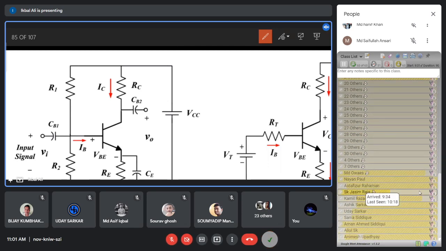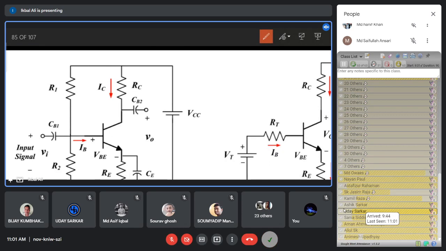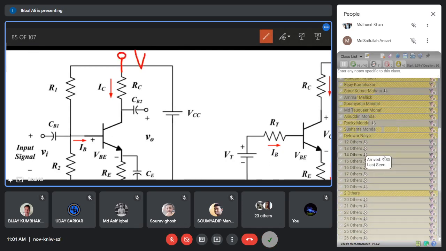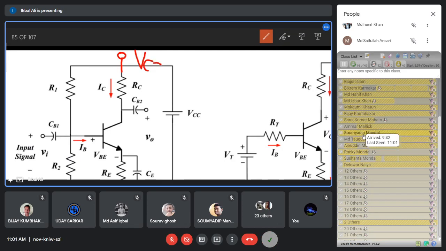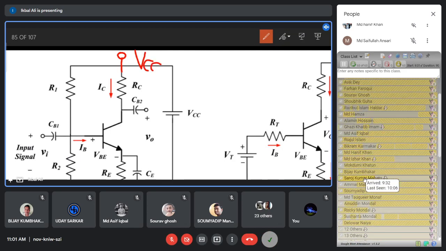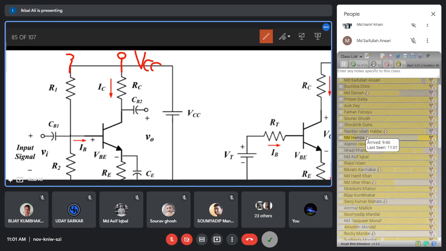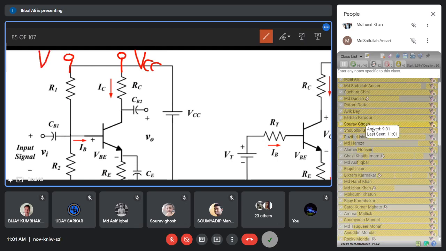That means this point of RC is connected to VCC, and also this point of R1 is connected to a separate, same type of VCC battery.